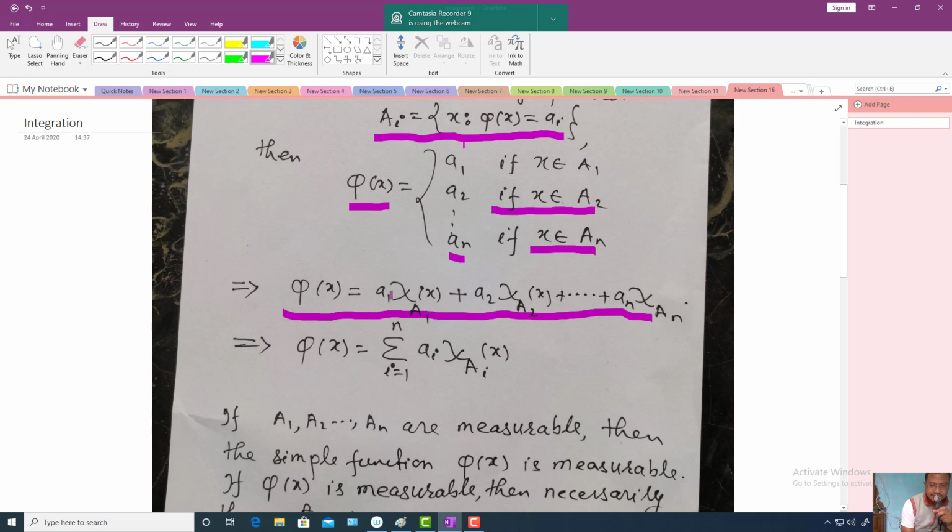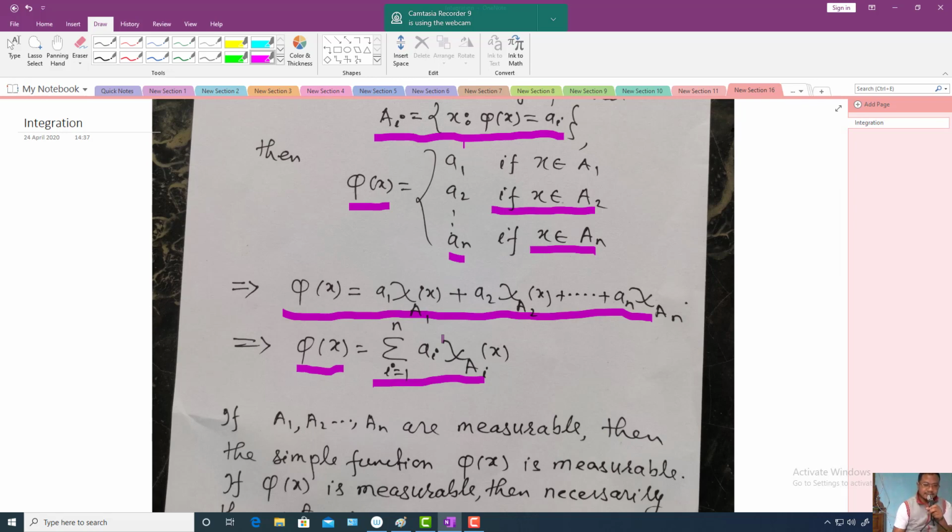This is a linear combination because a1, a2 up to an are constants. So ultimately this simple function can be written as a finite sum, or linear combination, of characteristic functions. This is the new idea, the simple function.